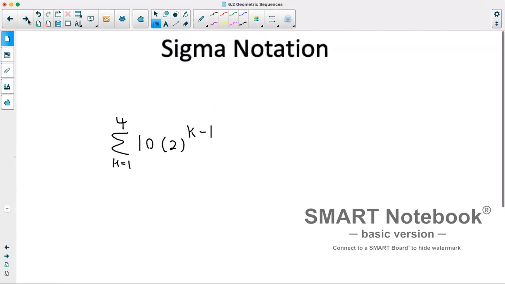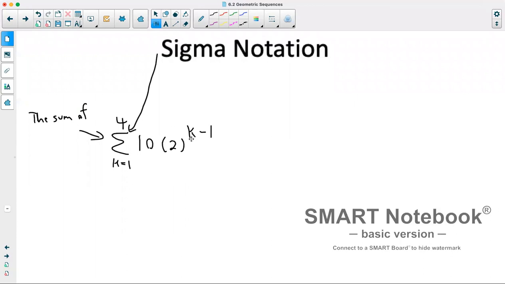Okay, so next we're going to look at sigma notation. Sigma notation is when we have this symbol here. That symbol means the sum of. And essentially it gives us an equation with a variable in it. And the value it gives us below is our first value that we put in our equation.